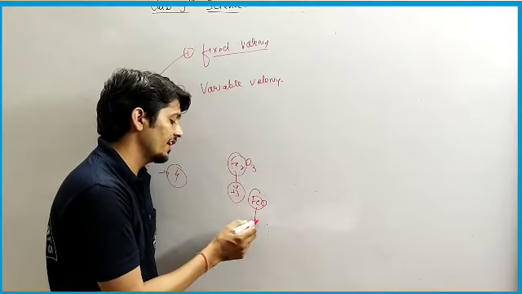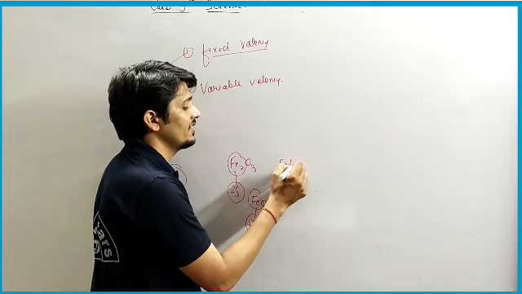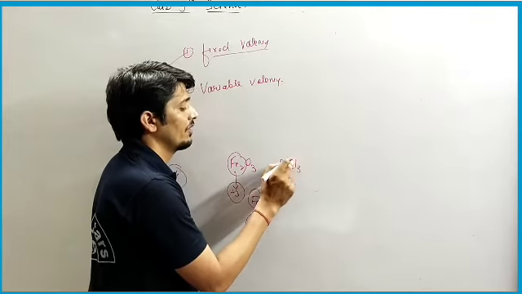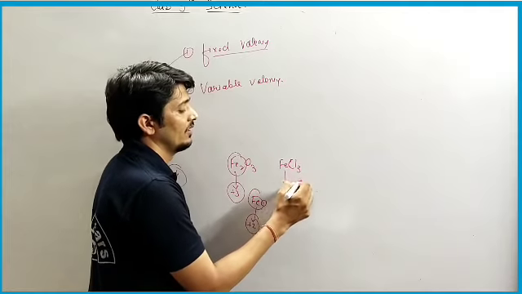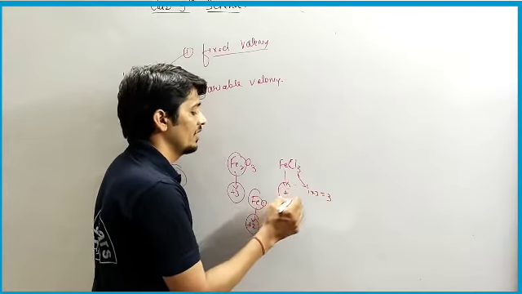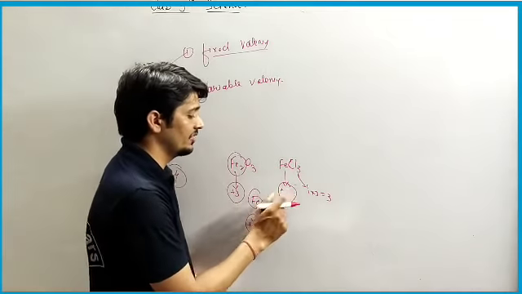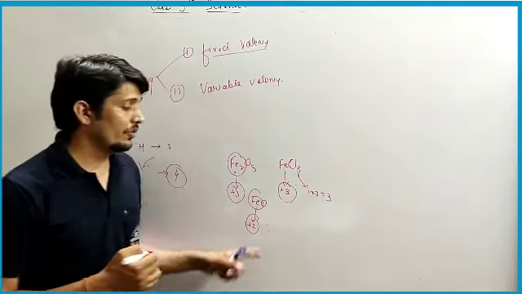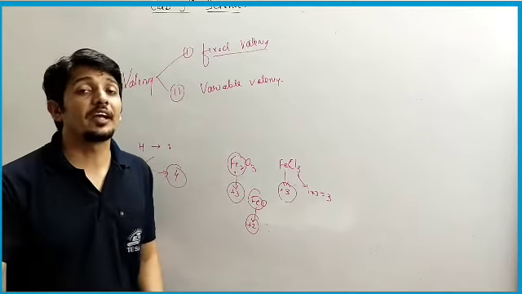Here we have 3 and here we have 2. Again, in FeCl3, ferric chloride, the valency of iron is 3 and chlorine valency is 1 into 3, that is 3. So iron shows different valencies when it is combining with other elements.